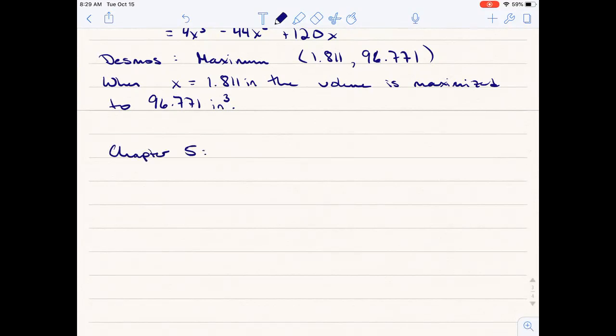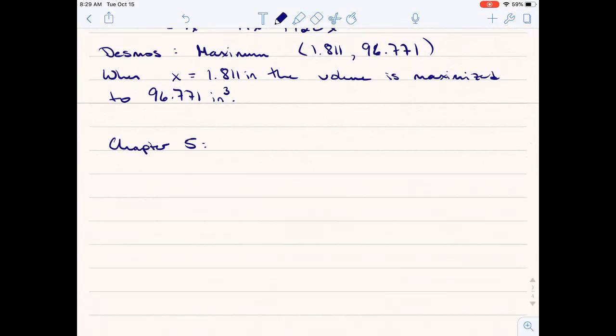Chapter 5. I realized I had asked you to skim 5.1, 5.3, and 5.6, but then I went over the learning outcomes, and it looks like we should be doing 5.2, so I don't know what happened there, because I've just kind of inherited this stuff. And 5.1 is just kind of a review of what's a maximum, what's the domain, what's the range, that kind of thing.